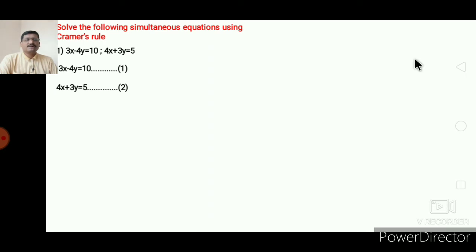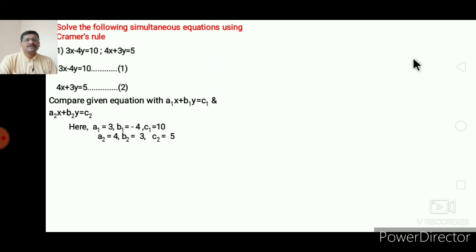Next step, compare the given equations with a1x plus b1y is equal to c1 and a2x plus b2y is equal to c2 to get the values of a1, a2, b1, b2, c1, c2. Therefore, a1 is equal to 3, b1 is equal to minus 4, c1 is equal to 10.